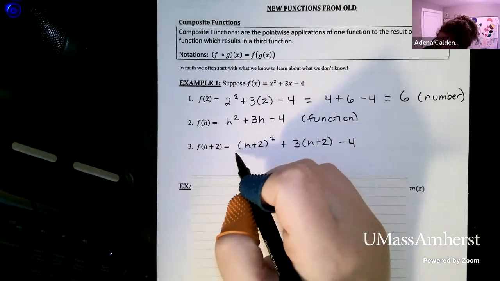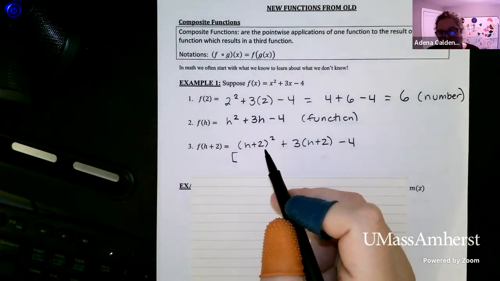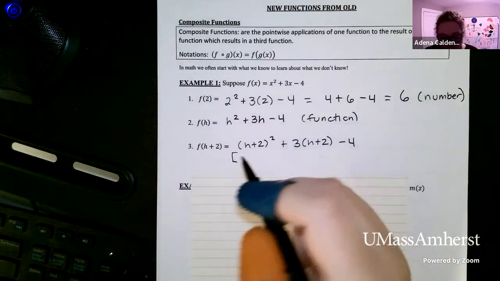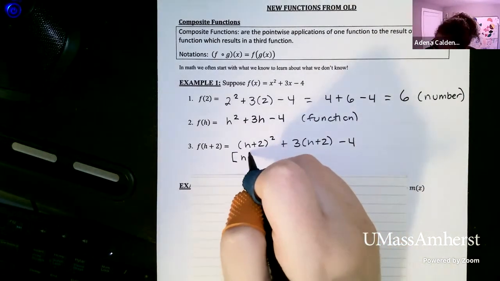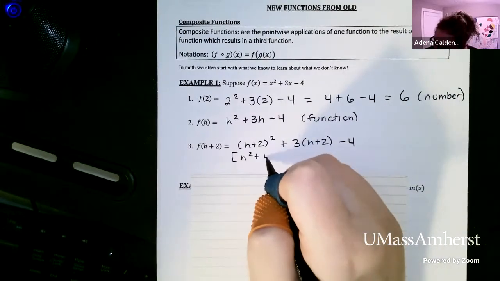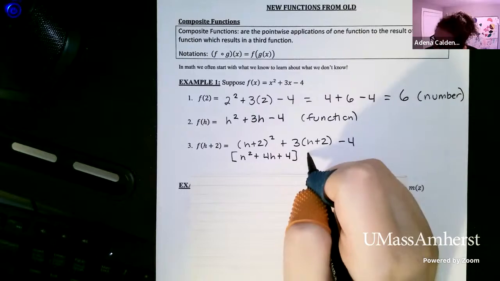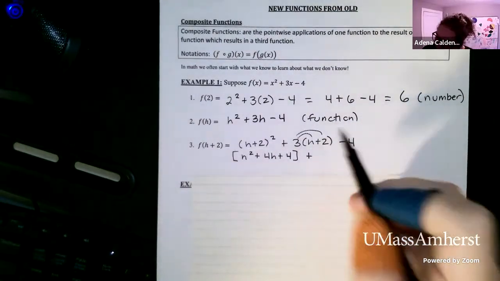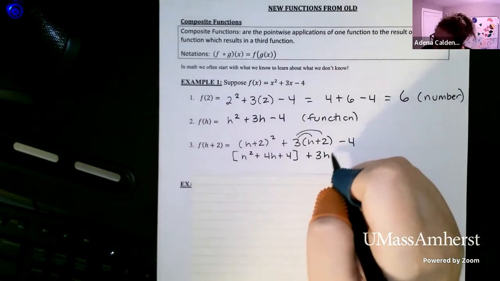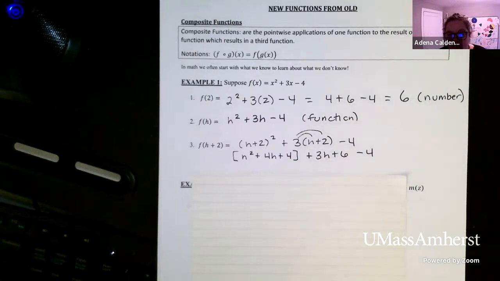So I'm going to do it right underneath. h plus 2 squared means we're going to do h plus 2 times h plus 2. So we're going to be foiling that out. That's going to give us h squared plus 4h plus 4. And then the second term, we're going to distribute the 3 to both terms. So 3h plus 6, and then we still have our minus 4.